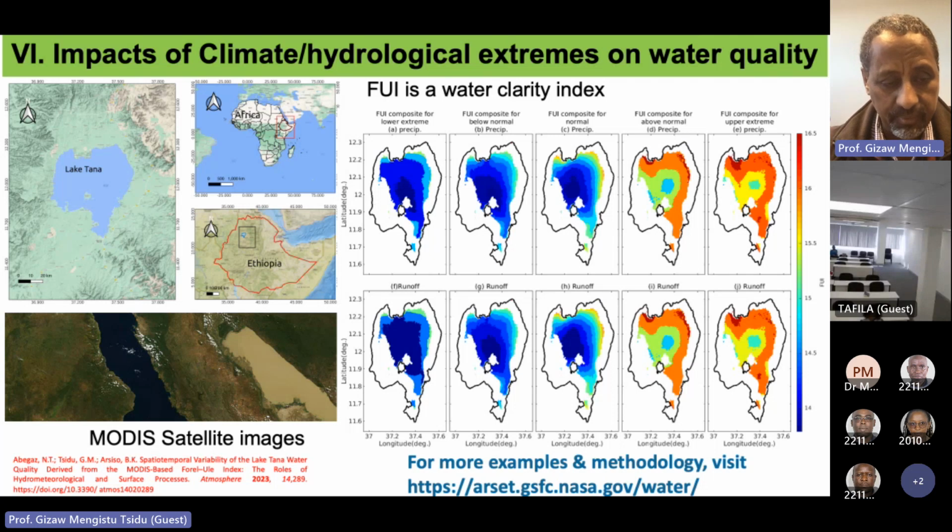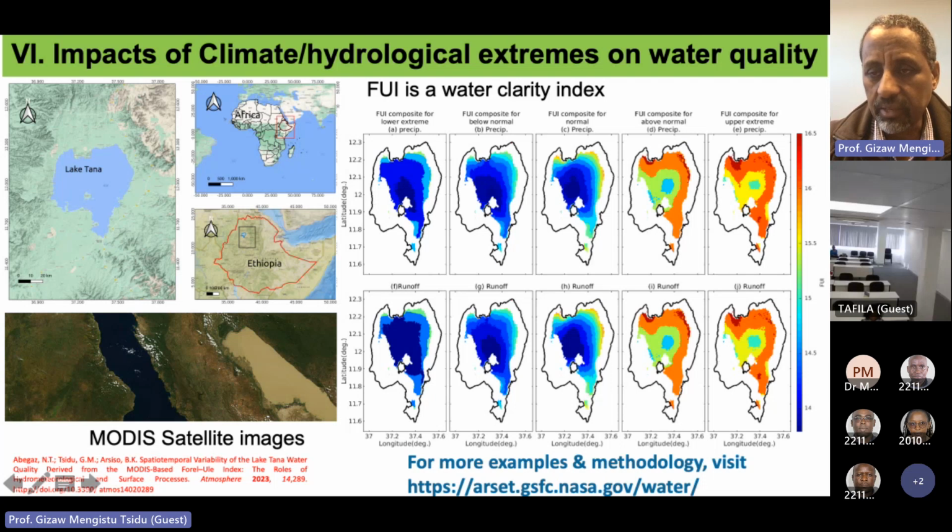You can go and read about it. You can get this information from this paper. You click and you can download it. It's free. It's an open journal paper by my student. What you see here on the right side, you have 5 panels with blue and red color.